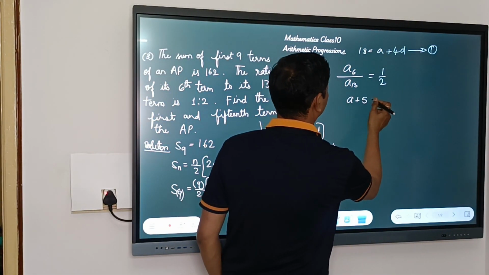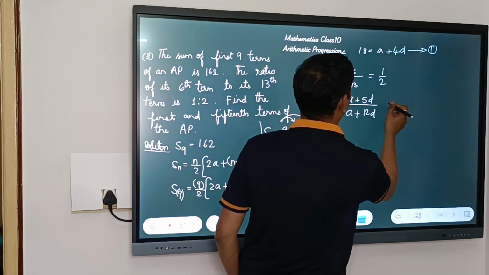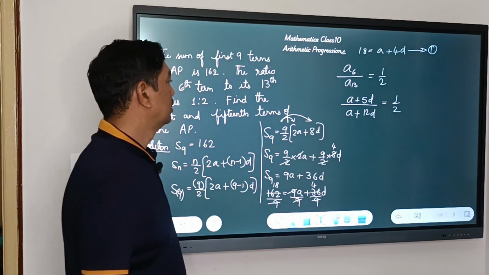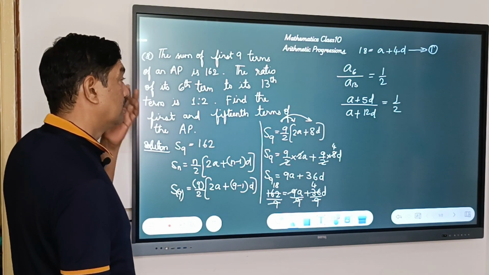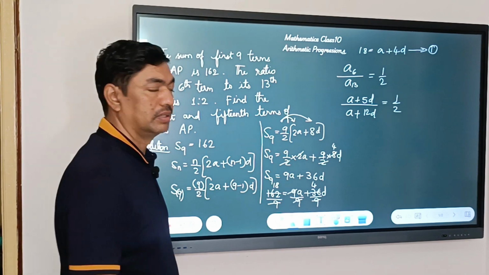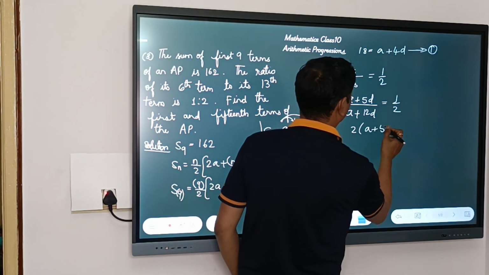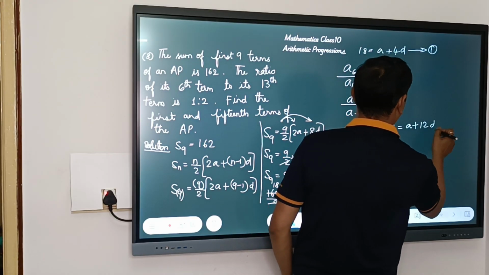So a plus 5d by a plus 12d is equal to 1 by 2. Now we cross multiply. So 2 into a plus 5d is equal to a plus 12d.